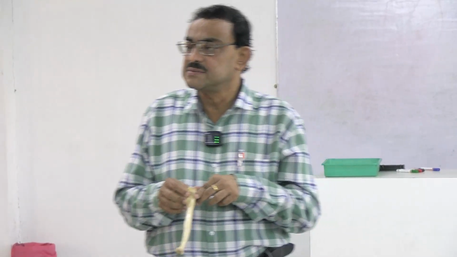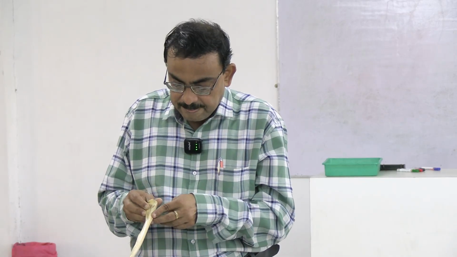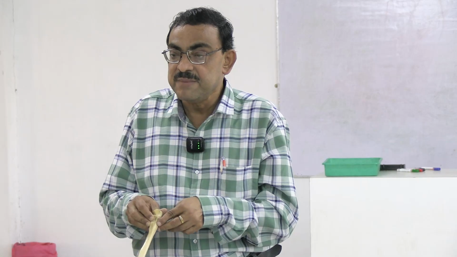In the medial surface we will get one muscle in relation to it, that is flexor carpi ulnaris, and also flexor digitorum profundus, which I have already told you, taking origin mainly from the anterior surface of the ulna. It also occupies the medial surface of the coronoid process.